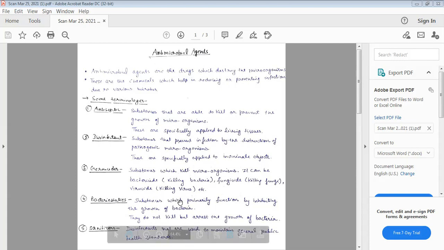Bacteriostatics are the substances which primarily function by inhibiting the growth of bacteria. Bacteriostatic generally means that it does not kill the bacteria, but it will stop or arrest the growth of bacteria. The last term is sanitizer. Sanitizers are a type of disinfectant, and these are used to maintain general public health standards. So these are the five terms.